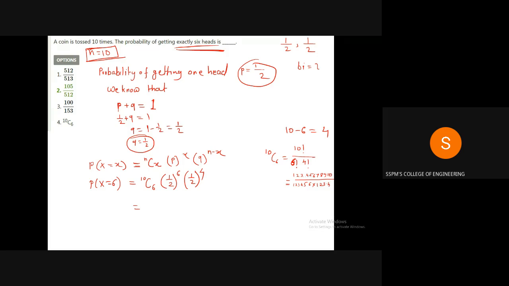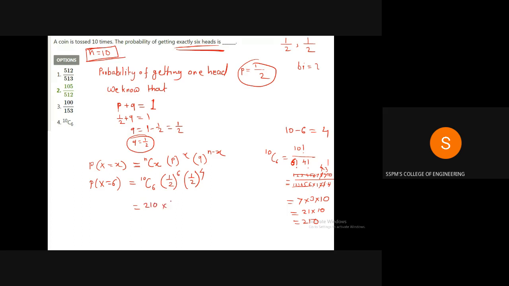So the first 6 and 6 get cancelled. Then 2 4s are 8, 4 and 4 get cancelled, 3 9s are 27. So we have 7 into 3 into 10, that is 21 into 10, which is 210. So we have 210 here.